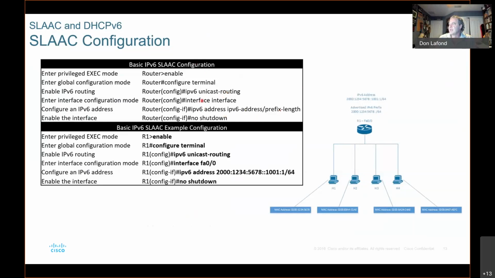This is a basic IPv6 SLAAC configuration, and in the example, you go into the interface and give it an IP address. Right now they're on the router, not on the host. They're just configuring the router to have an interface here.